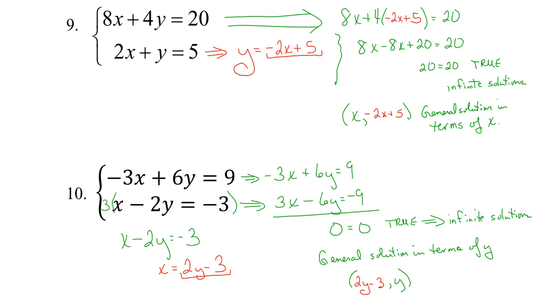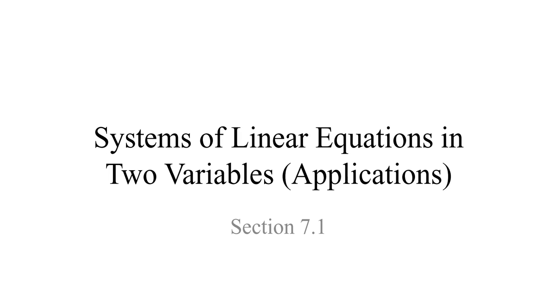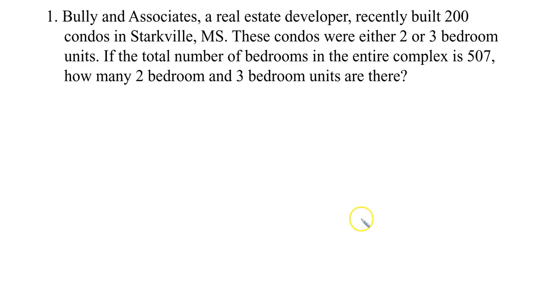The next thing we'll do is look at a couple of application problems. Application problems mean also word problems. And we're going to do a couple of different types of problems involving systems of equations. So let's start with this one. Bully & Associates is a real estate developer. They recently built 200 condos in Starkville, Mississippi.